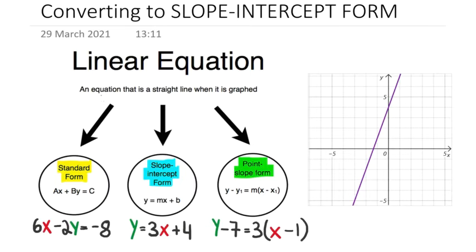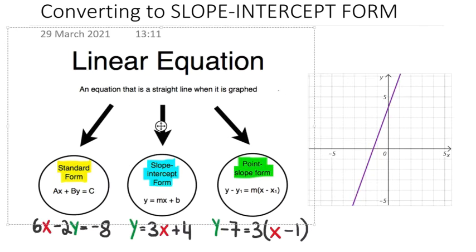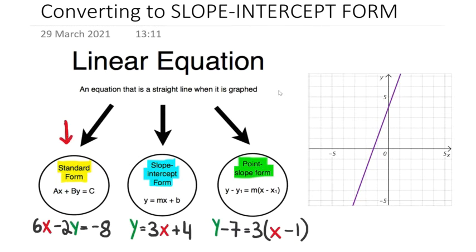The purpose of this video is to show you how to convert to Slope Intercept Form. As we have seen in class, all three of these forms, Standard Form, Slope Intercept, which I hope you're well familiar with, and Point Slope Form, which you will see later in the term, all three forms are actually this line right here.